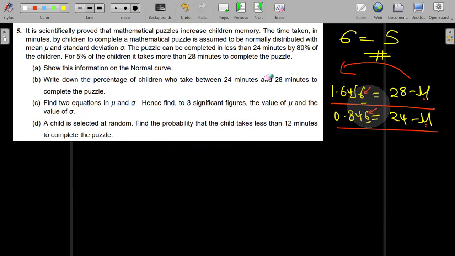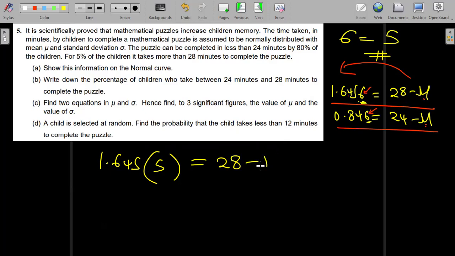So we can place it in this formula: 1.645 times sigma, which is now 5, is equal to 28 minus mu. Let's multiply: 1.645 multiplied by 5, I'm going to get 8.225 is equal to 28 minus mu.